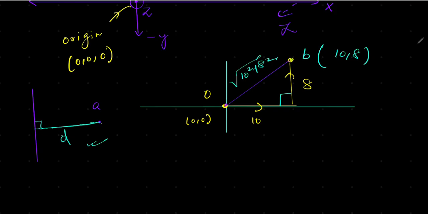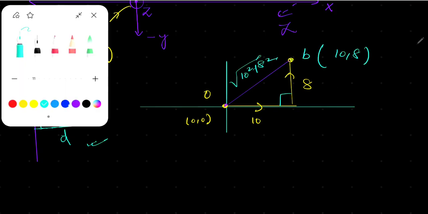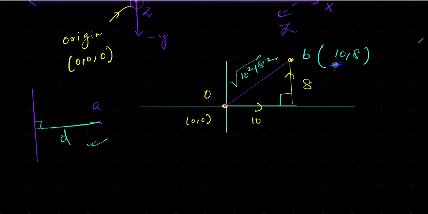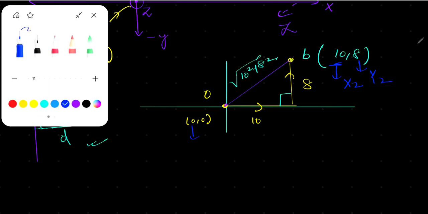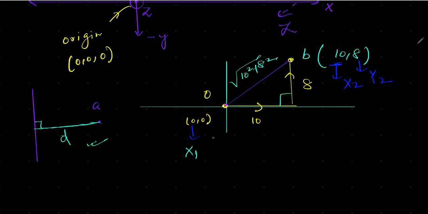Let's say this is x2, this is y2, this is x1, and this is y1. One point is x1, y1, another is x2, y2.